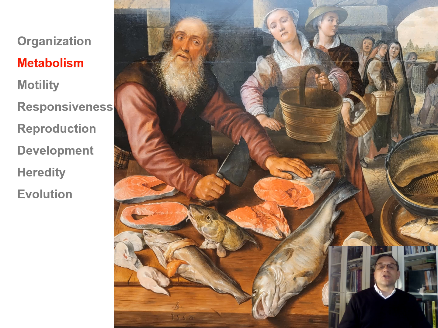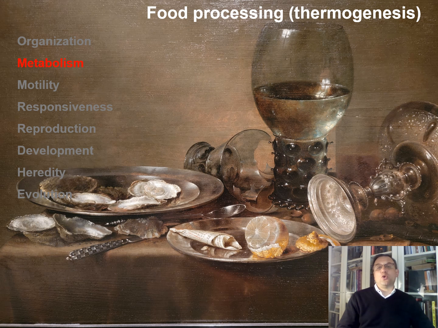Several factors determine your individual basal metabolism, including your body size and composition, your sex, and your age. In addition to your basal metabolic rate, two other factors determine how many calories your body burns each day. Number one is food processing, or thermogenesis.